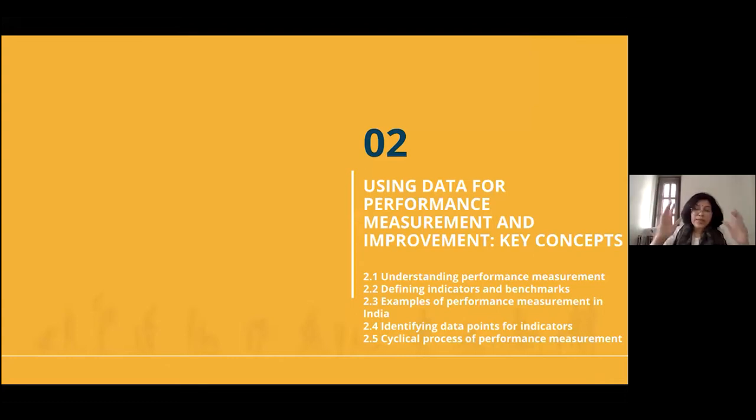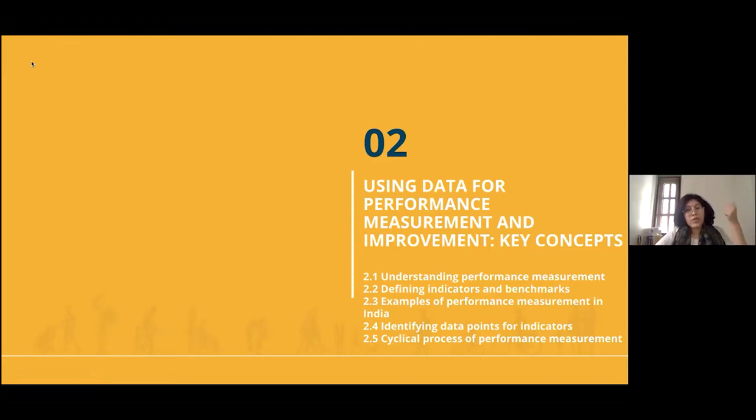Now, within the concept of data based approaches and using data for decision making, in the second chapter we are very strongly focusing on what we call performance measurement, right? Performance measurement means developing a framework to systematically collect data, analyze data, and use it for decision making, and do it in a cyclical process.